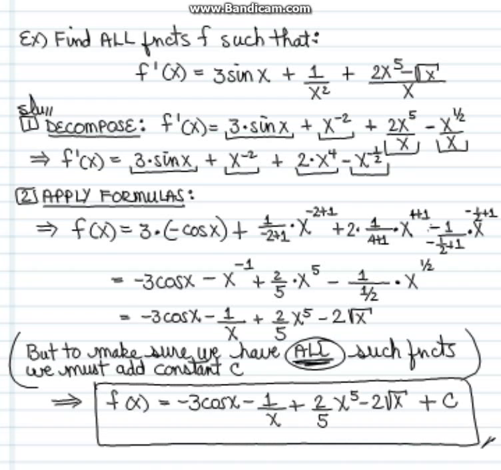That is, for any real number c, that's infinitely many functions that I've given you there in one box. Because c can be any real number, it represents all the functions f that have the derivative that was given to us in the question.